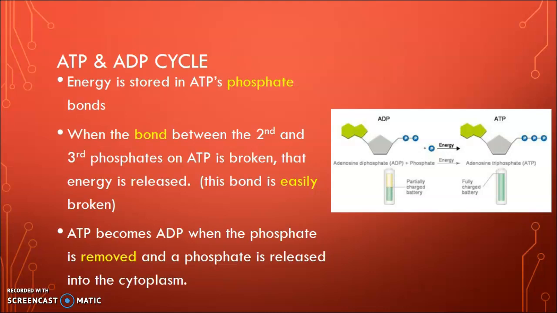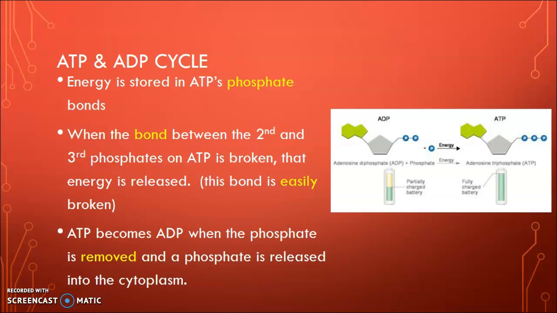In order to recharge the ATP molecule, we're going to have some type of phosphate molecule, those freely floating phosphates that are floating around in the cytoplasm. We're going to use food to attach those back to the ATP. So like I mentioned, it's a cycle. We're going to start with an ATP molecule, break the phosphate off, releasing energy.